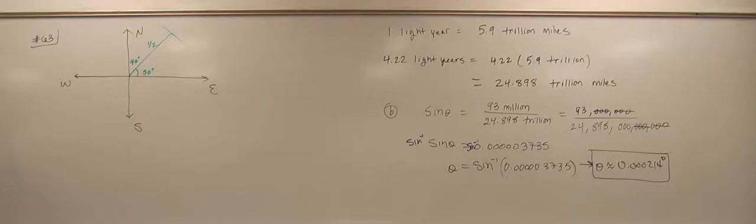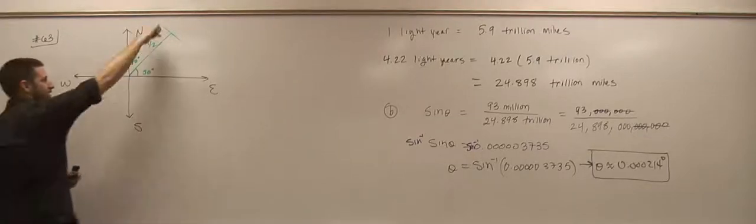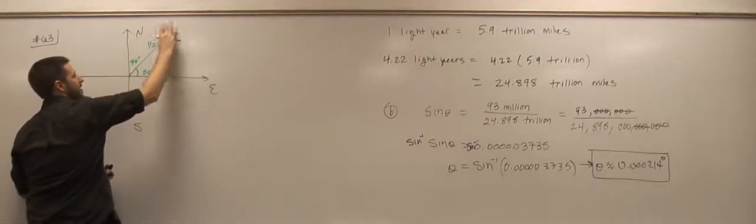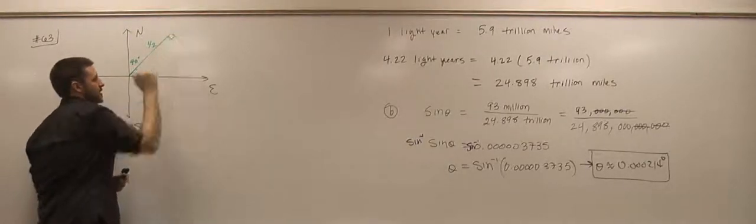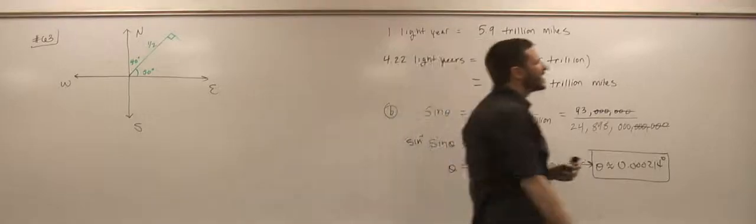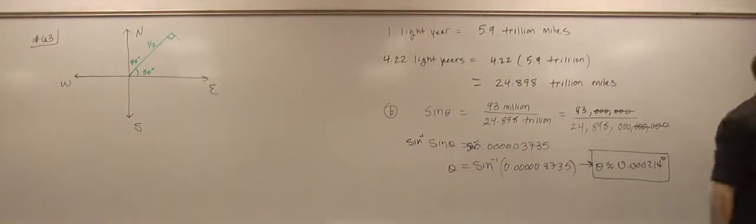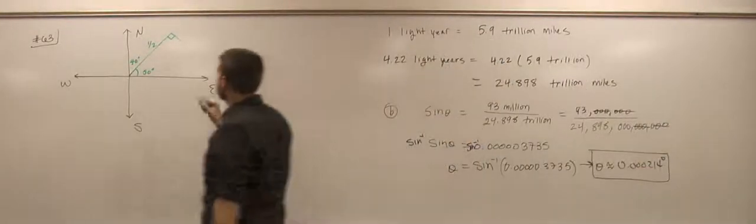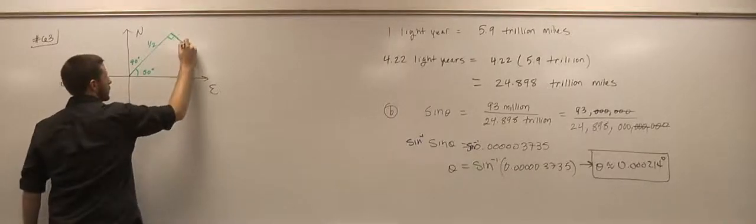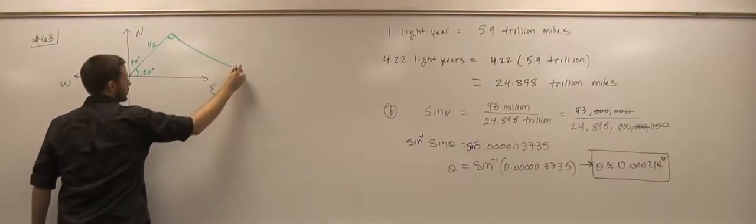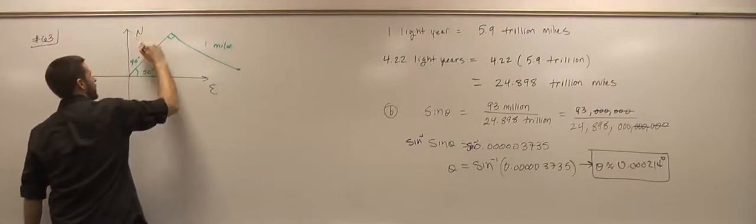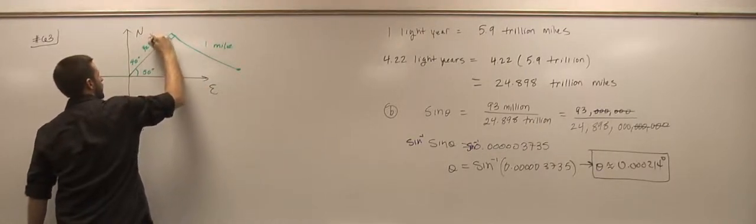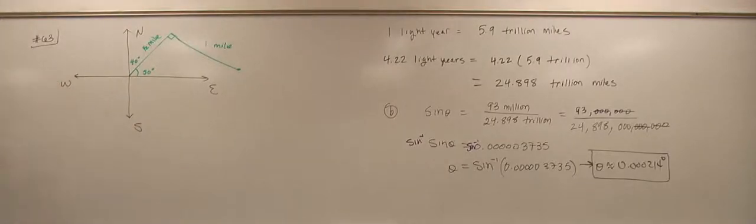So which one do you think is southeast? Downward, right? So he turns 90 degrees toward the southeast, and then he goes for 1 mile in this direction. So 1/2 mile up here, and 1 mile in this direction.